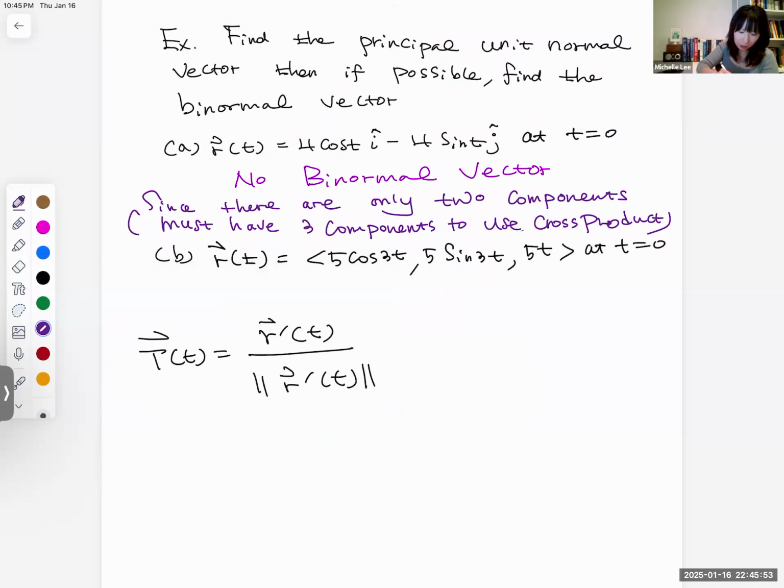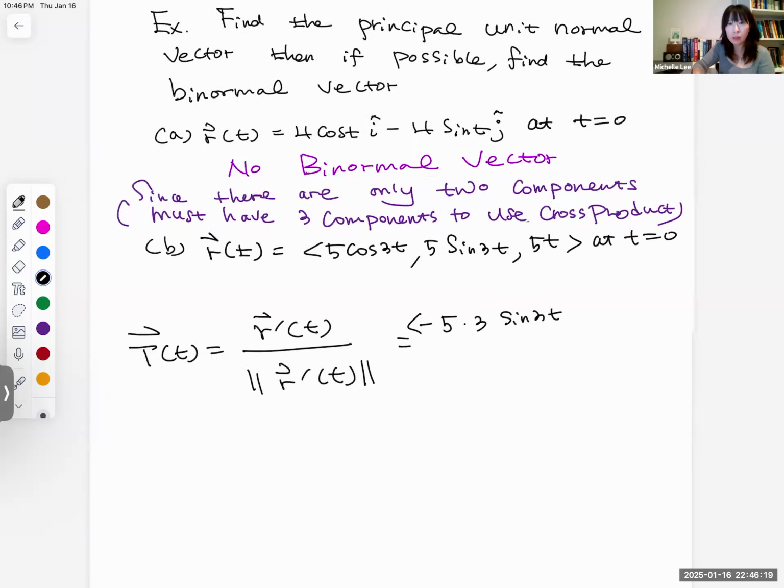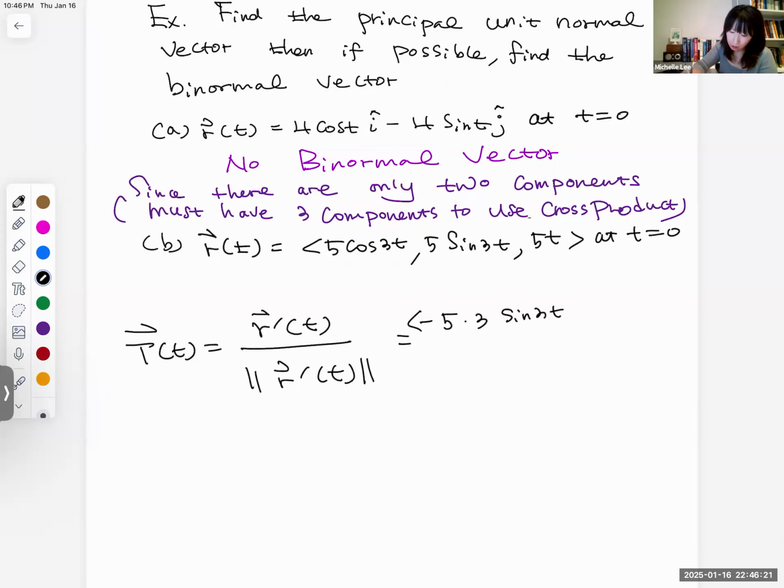So r prime of t, so -5 sine 3t and times 3, right? Times 3. And 15 cosine 3t and 5.